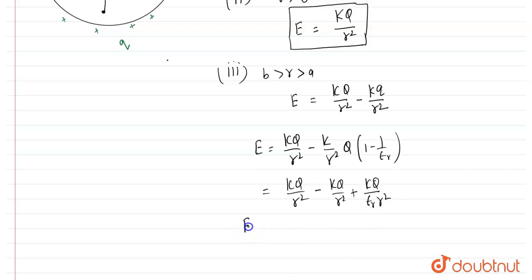So the electric field in that region will be equal to kQ upon epsilon r r square. That is the value of the electric field for these values of r.